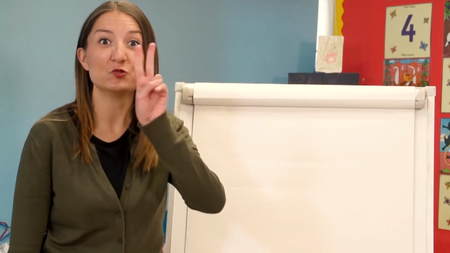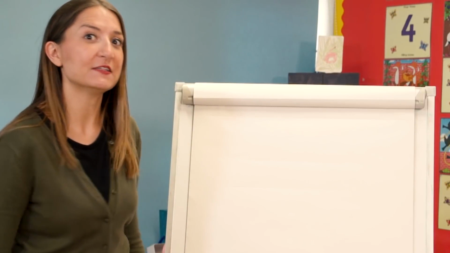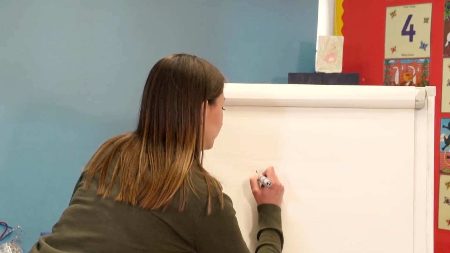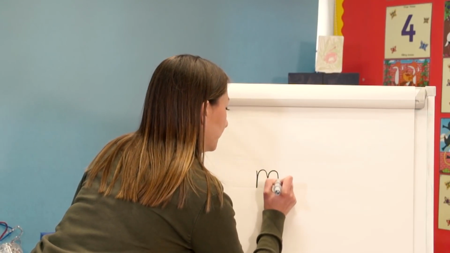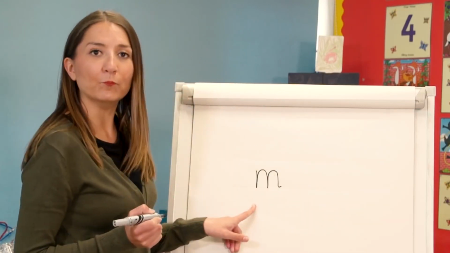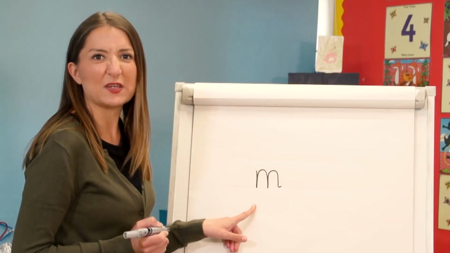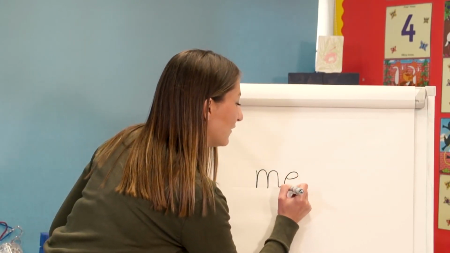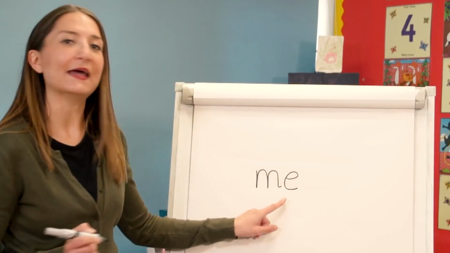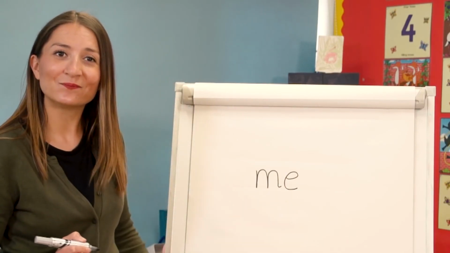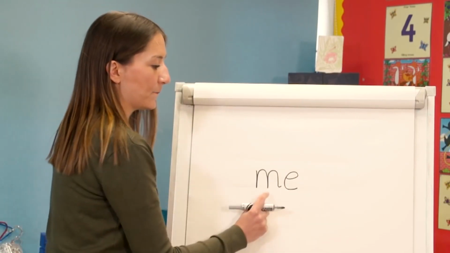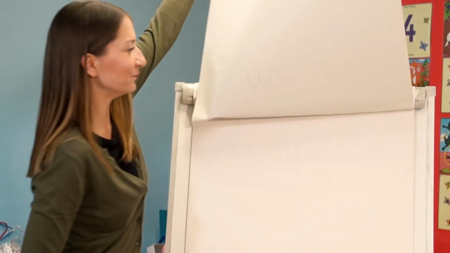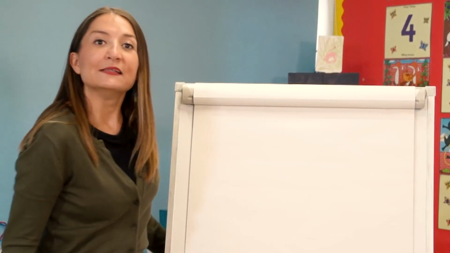Remember, I need 2 sounds. My first sound is the easy part. The second sound is the tricky bit because this grapheme says the sound e. Me. M, e. Now you have a go. Say the word.